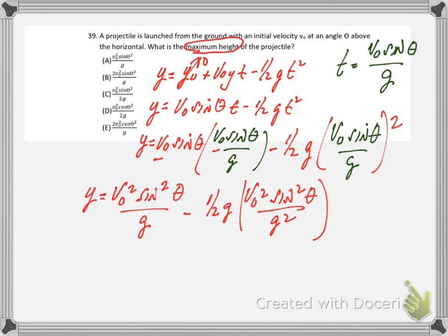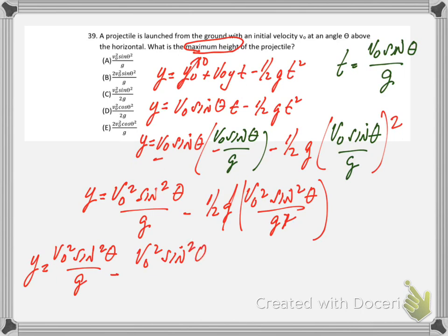Okay, so we would have y equals v naught squared sine squared theta over g minus, we have g in the numerator, g squared in the denominator. We can cancel that and put 2 in the denominator, and we would have v naught squared sine squared theta over 2g.